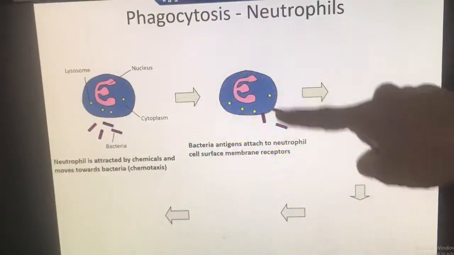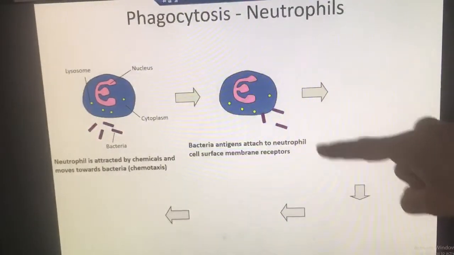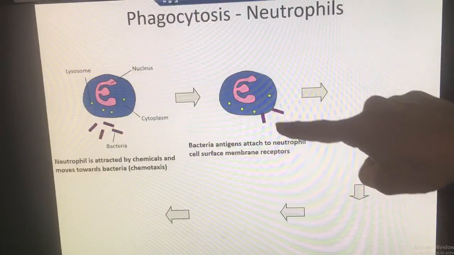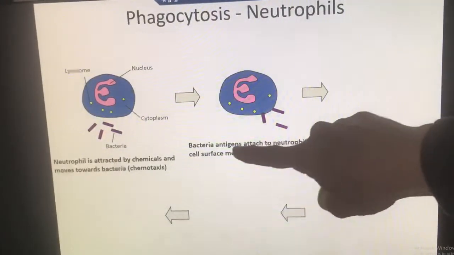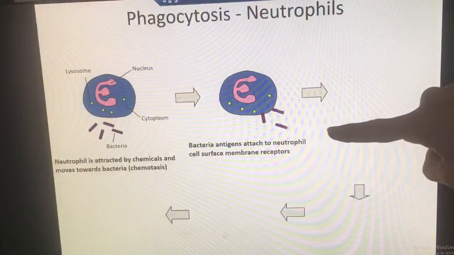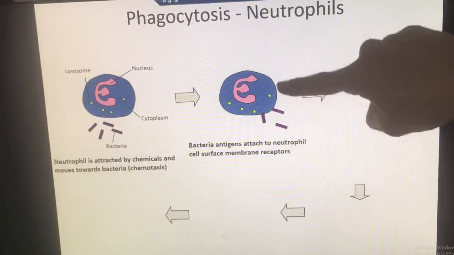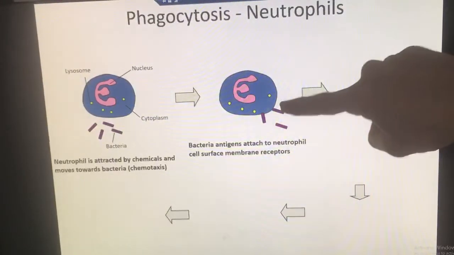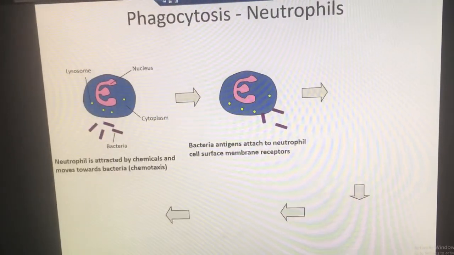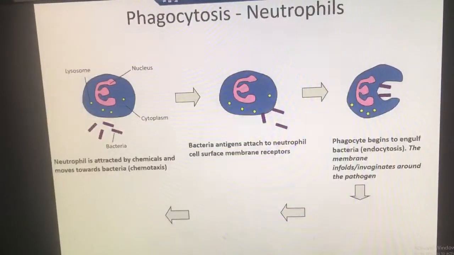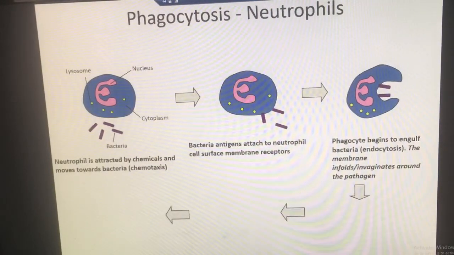Once our neutrophil has moved by chemotaxis towards our pathogen, then the antigens that are on the surface of the pathogen will bind to receptors that are found on the cell surface membrane of our neutrophil. And then the cell surface membrane of our neutrophil will start to engulf the bacteria.